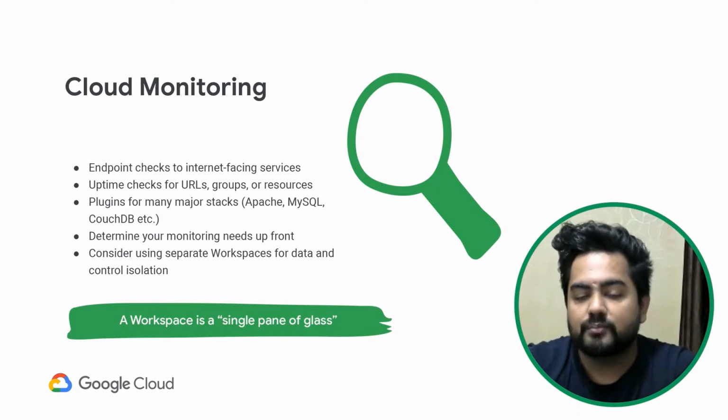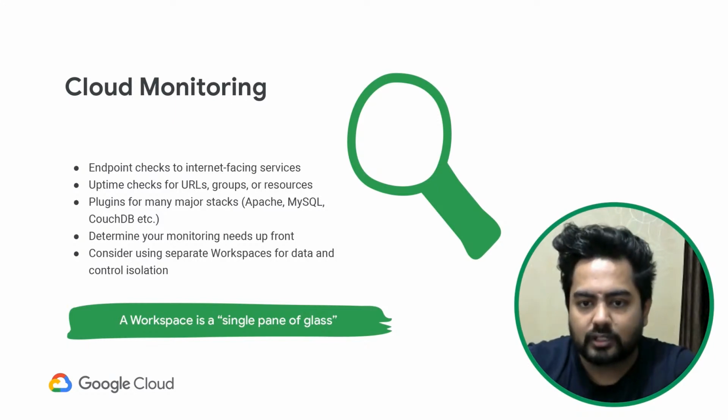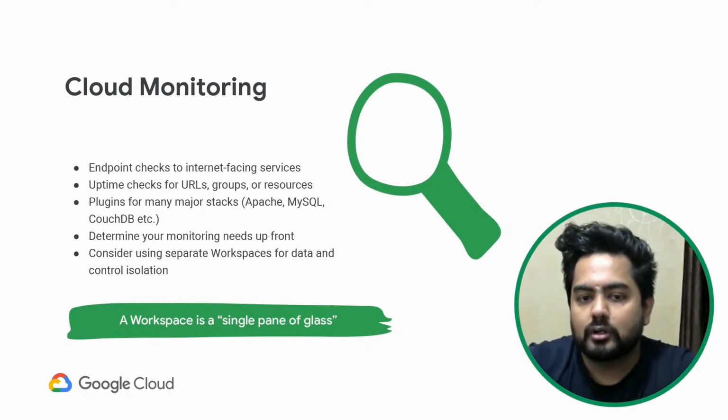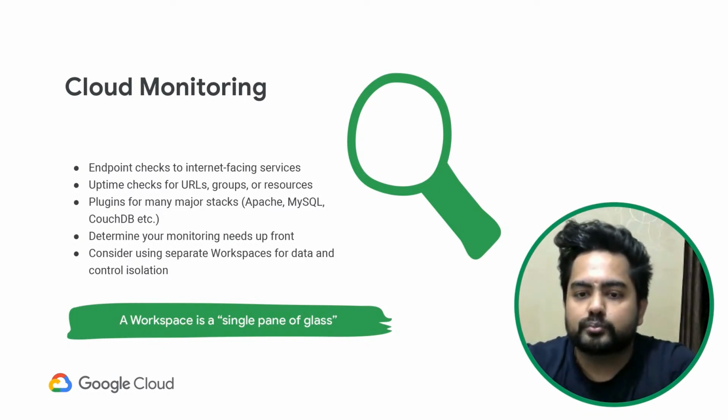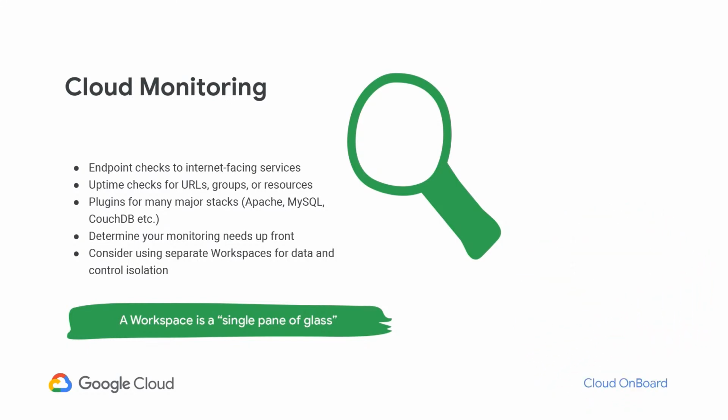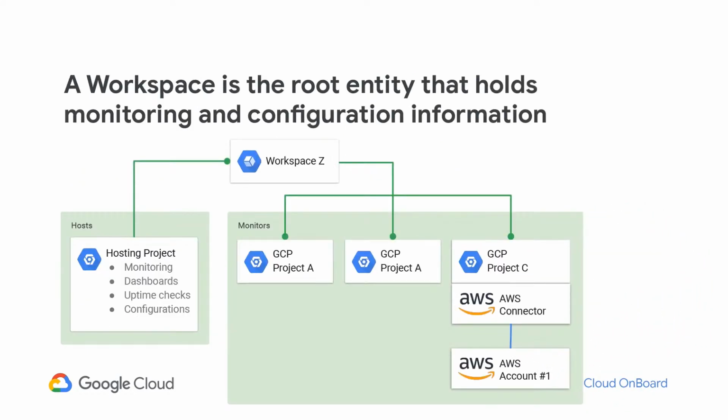So if you want to give people different roles per project and you want to control the visibility of data, then I would say consider placing the monitoring of those projects into a separate workspace so that they can be separated. Now you can understand that your workspace is basically the root entity which holds the monitoring and configuration information in Stackdriver monitoring.